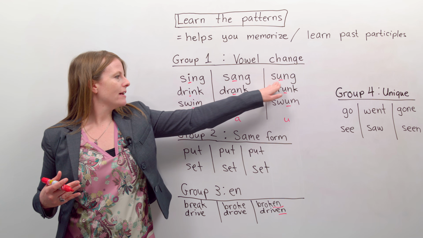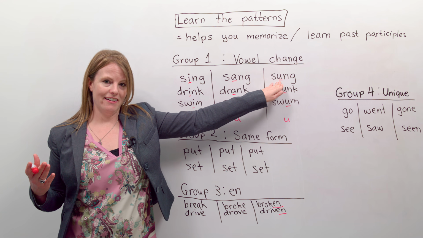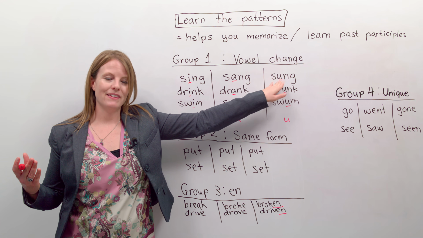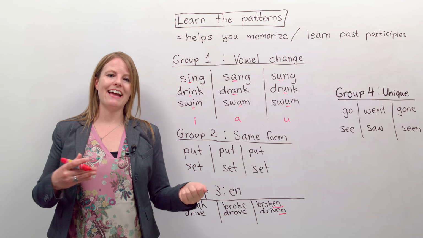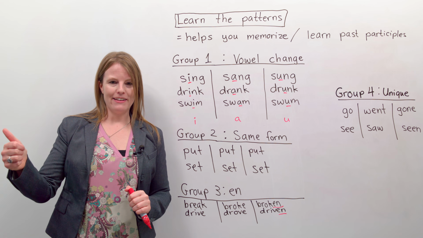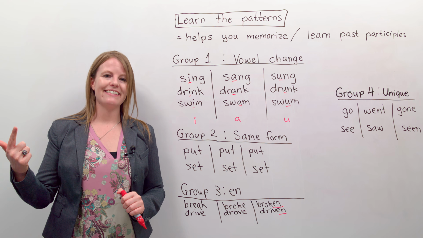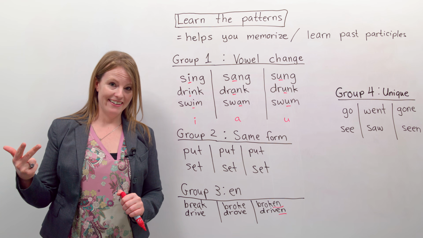But notice here, the past participle is sung with a U. So if I was memorizing this, I would think sing, sang, sung, sing, sang, sung. So we have the present, sing, the past, sang, and the past participle, sung.